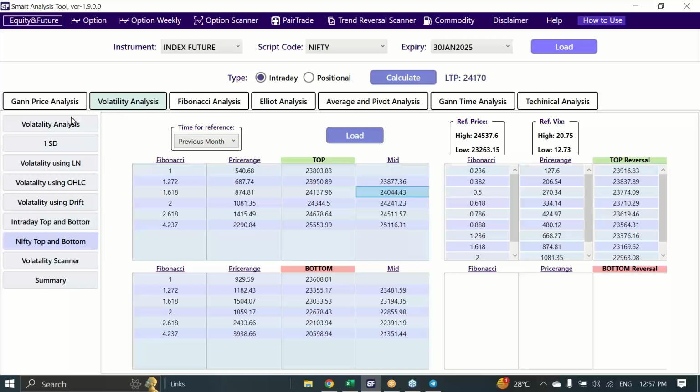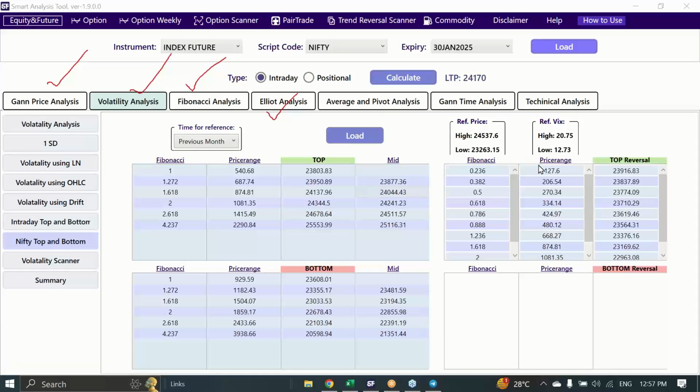In our software, we have used nearly 9 volatility models for intraday and positional trades. This is only one part you have seen. We have used volatility with Gann, volatility with Fibonacci, volatility with Elliott, and we have some independent volatility studies.